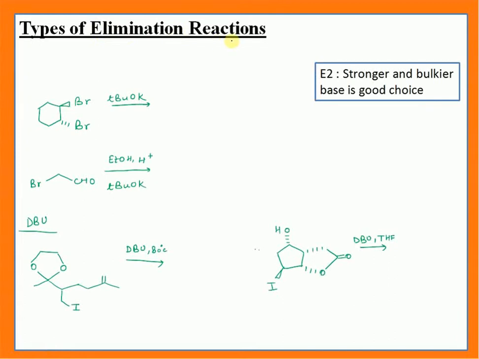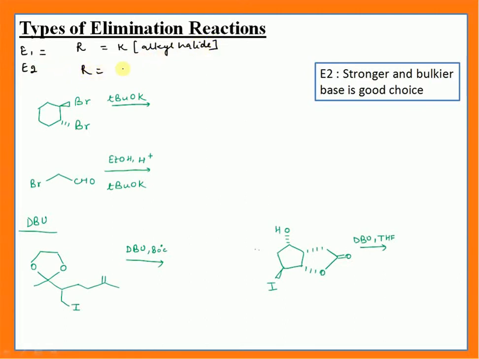Then we come to the point, types of elimination reaction. We can have two types of elimination reaction, E1 and E2. In case of E1, rate of reaction depends on your carbon skeleton only. So you can write it like this, that rate of reaction depends on, suppose I am taking alkyl halide, alkyl halide concentration only.